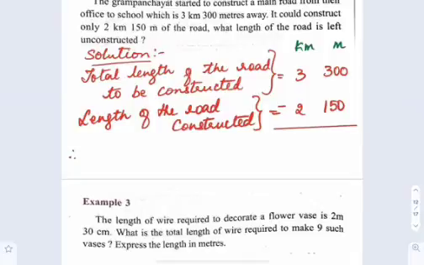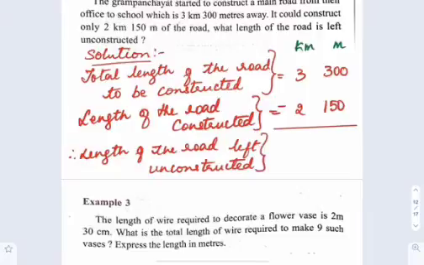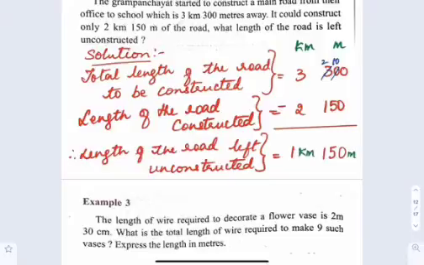Now therefore, length of the road left unconstructed is equal to, we have to subtract, 0 minus 0 is 0, then 2 minus 1 is 1, 3 minus 2 is 1 here. It is 1 kilometer and 150 meters. I hope all of you understood.